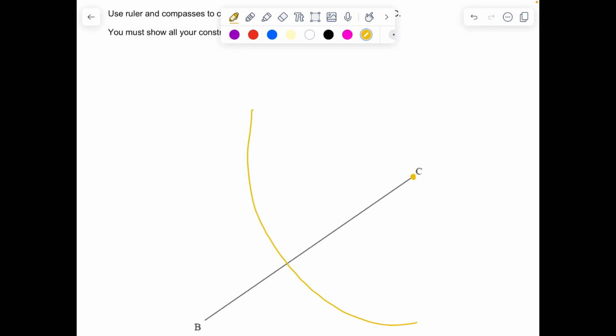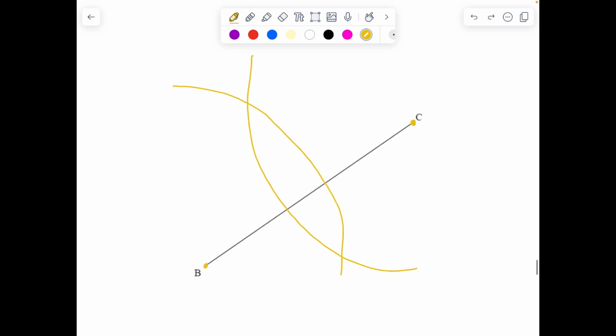Keep it open that same amount, and then put your point the other end. Draw a curve the other side, and then get your ruler and draw a straight line going through where the arcs cross.